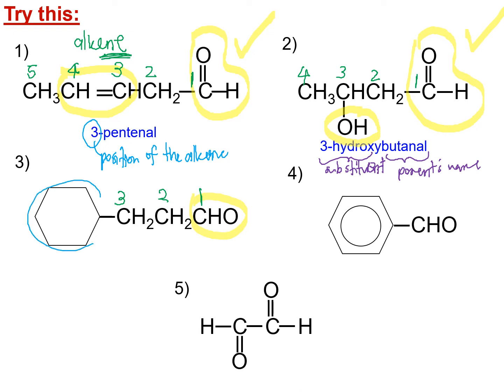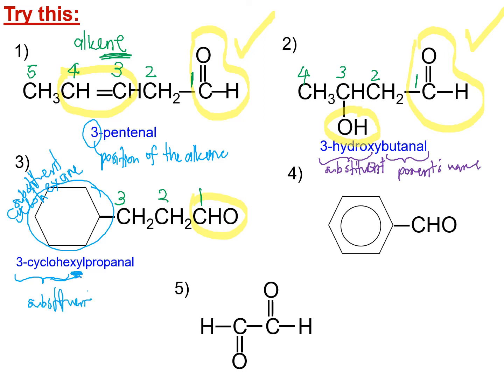This is its name, cyclohexyl. Since there is a cyclohexane at carbon number 3, we write 3-cyclohexyl propanal. Propanal because the parent has 3 carbons.